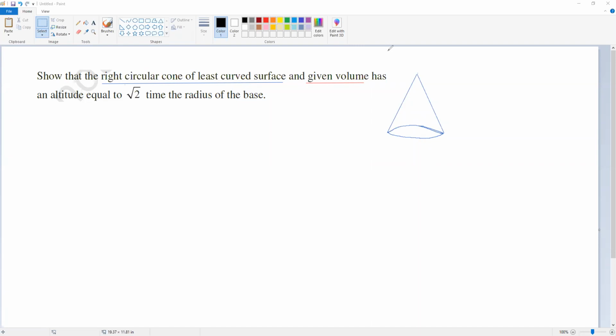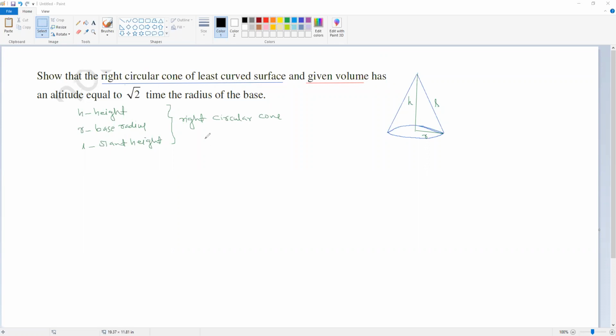So let h be the height, r be the radius, and l is the slant height. h is the height, r base radius, l slant height of the right circular cone.